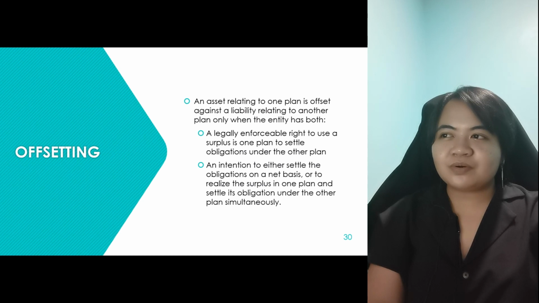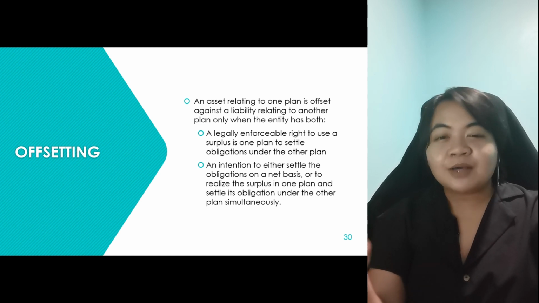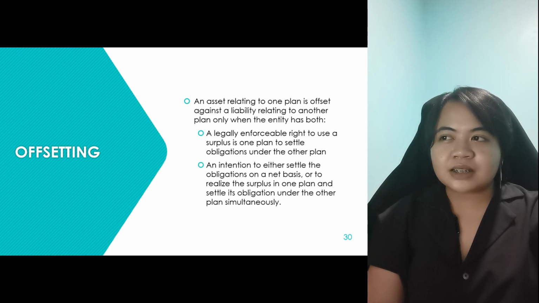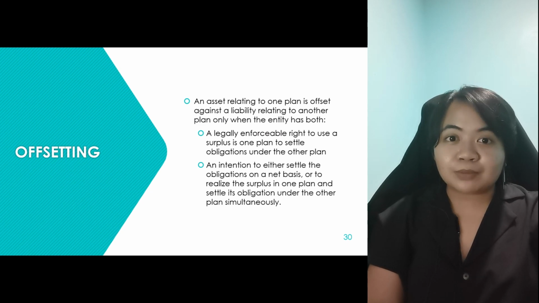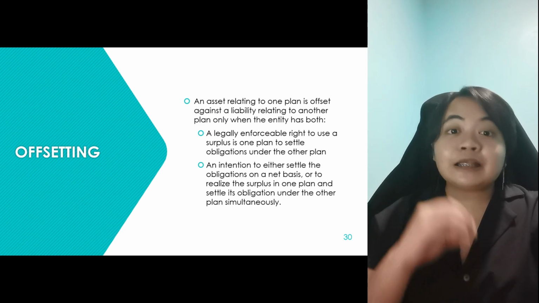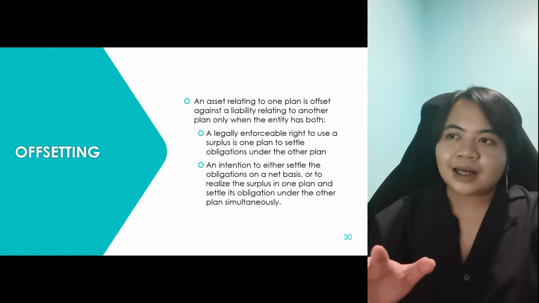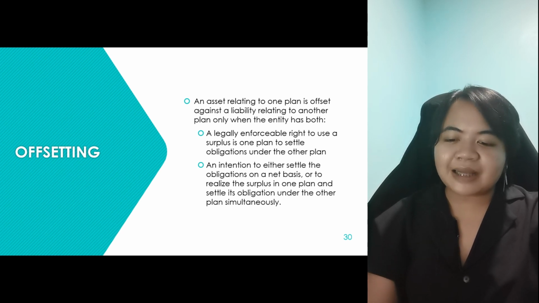Offsetting. An asset relating to one plan is offset against a liability relating to another plan only under certain conditions. First, there is a legally enforceable right to use a surplus in one plan to settle obligations under the other plan. Legally enforceable right means the contract states you can use the surplus of one plan to offset the obligations of the other plan.